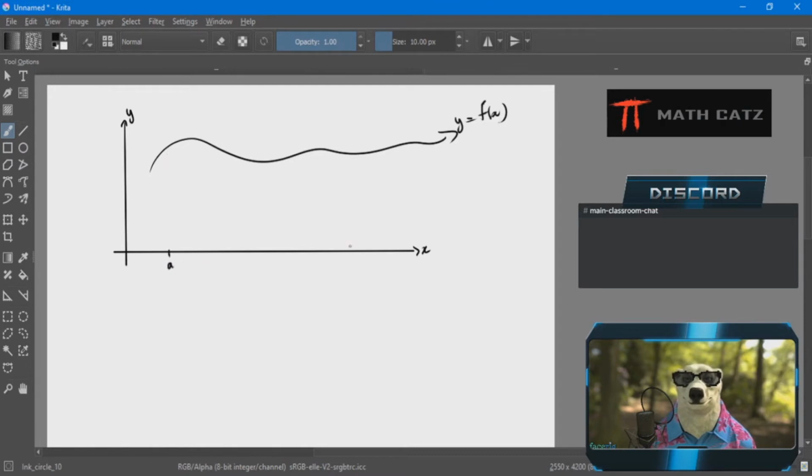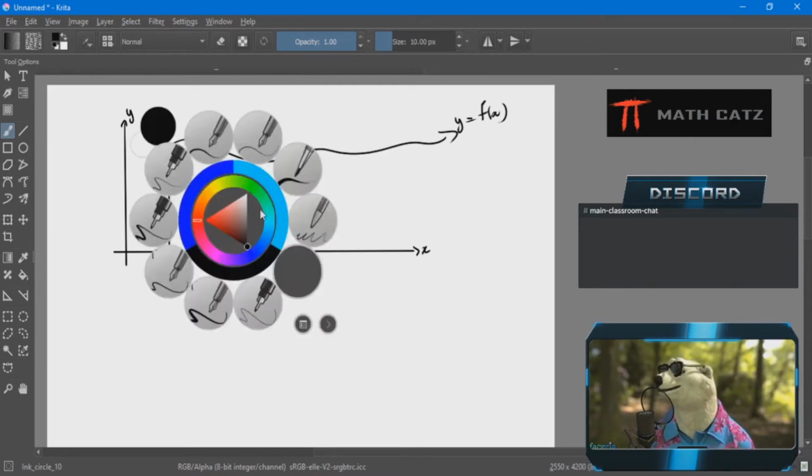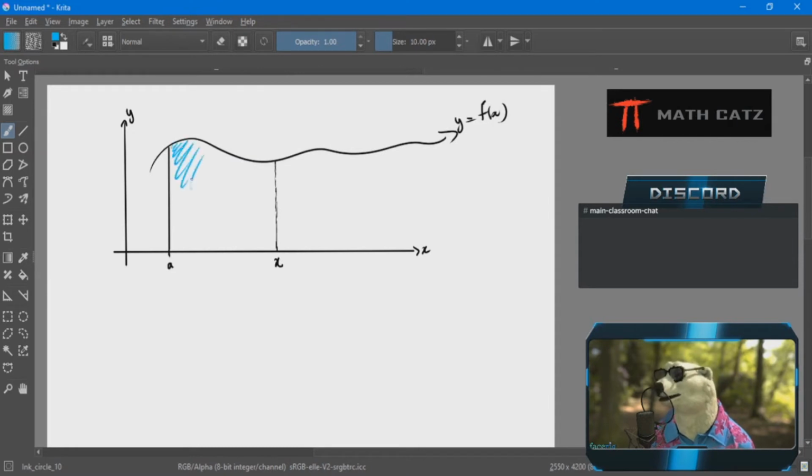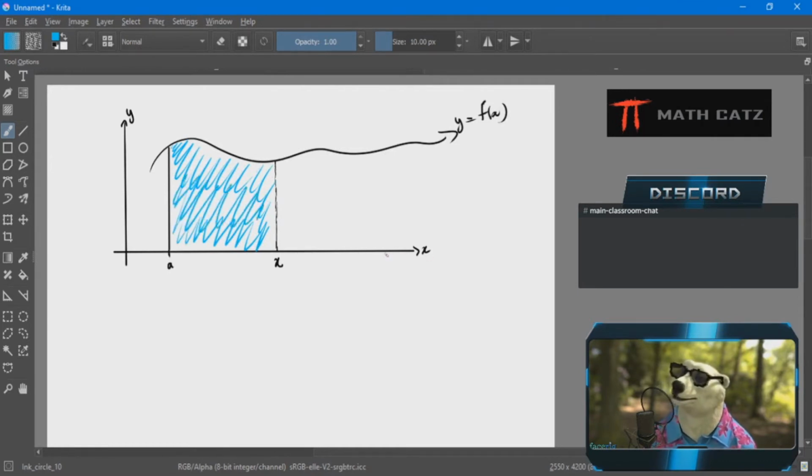I have my A. My left boundary is always fixed. And I'm going to go to some x value. And we colored that light blue. It's not quite what we're looking for because I have to move x over to where I want it to be eventually. But that's good.